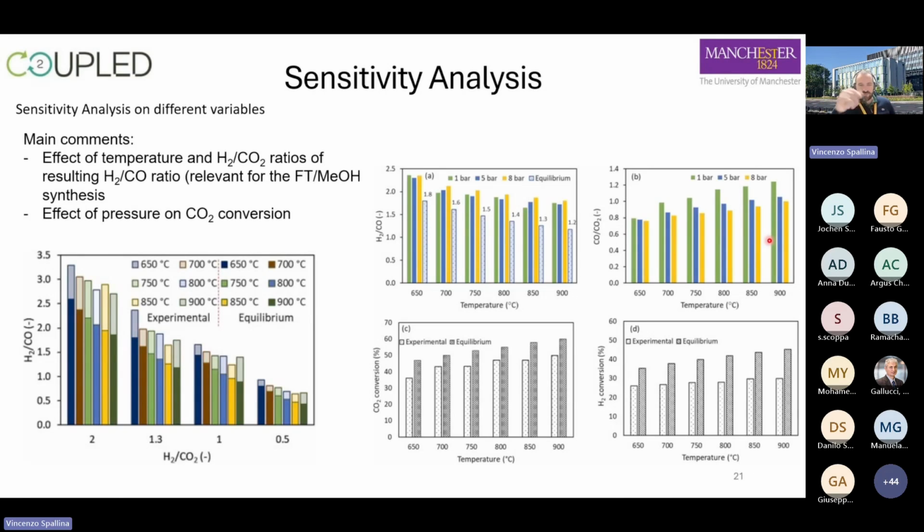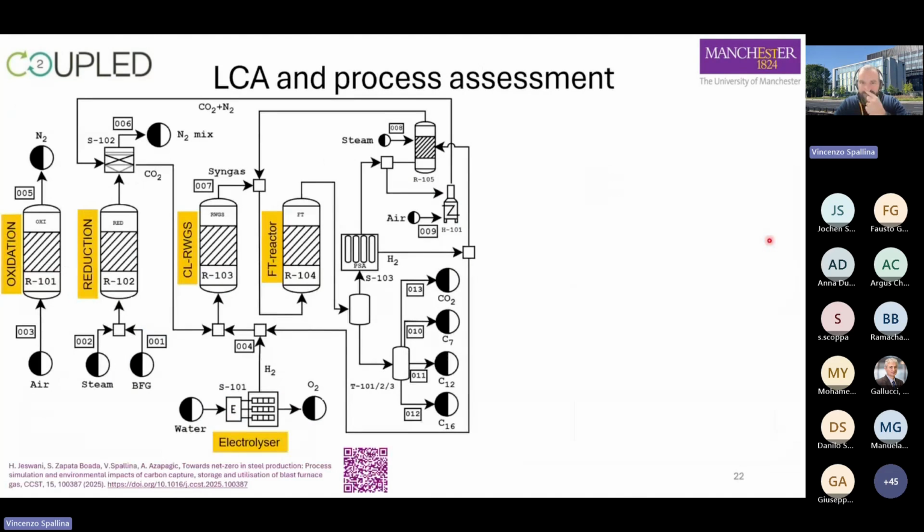Because the reverse water gas shift is an equimolar reaction, and because the system is not far from equilibrium, there is not a big difference between operating at different pressures. That's what I was mentioning before about replicability: you can replicate similar results by using different operating conditions.